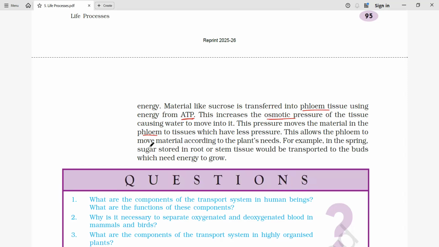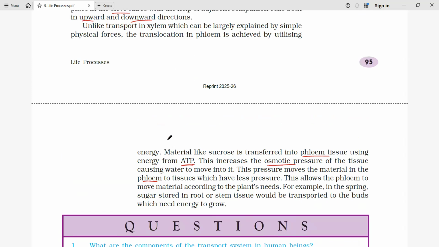For example, sugar stored in the root or stem tissue is transmitted to the buds which need energy to grow. So like this, phloem is going to help to distribute or transport the food which was made during the photosynthesis process. Apart from this, amino acids are also distributed to the different parts of the plants.